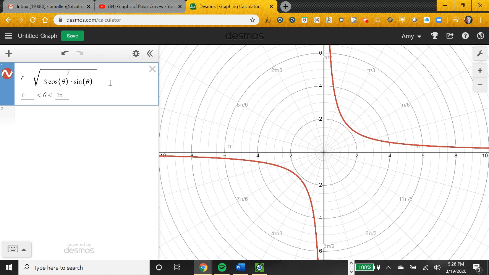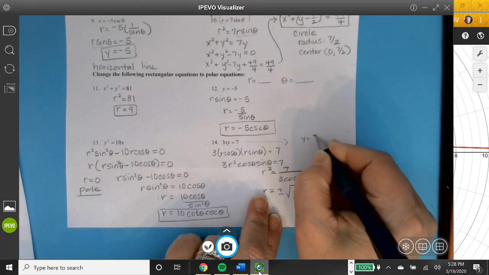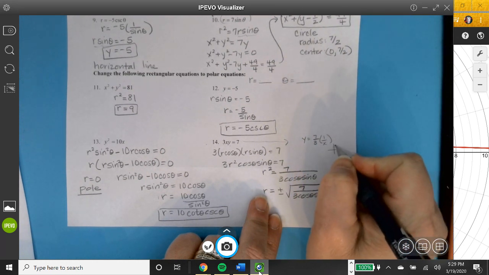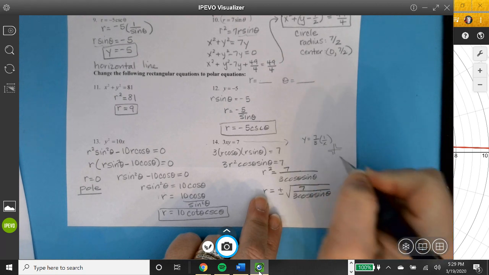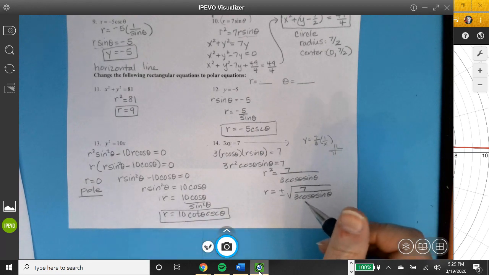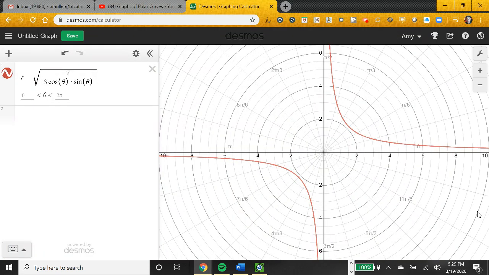And so really, how do I know it's a hyperbola? I know this is a hyperbola because if I were to solve for y, we would get 7/3 times 1 over x, right? And that's a hyperbola because that's like a power function, right, with the -1 exponent. And you notice that when we did it on Desmos, you can have it just plus and you get the whole curve.